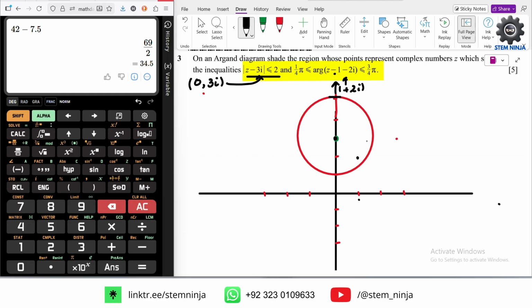Okay, and we need pi by 4, which is basically 45 degrees. So remember, if we start our pi by 4 line from this point, it's going to be y equals x plus something. The gradient of this line is 1.